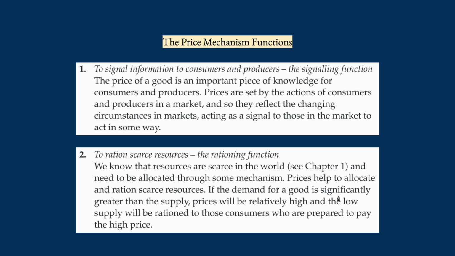If the demand for a good is significantly greater than the supply, meaning that there's excess demand or a shortage, prices will be relatively high and the low supply will be rationed to those consumers who are prepared to pay the high price. So this is essentially showing the idea that as the quantity demanded increases way beyond the quantity supplied, you'll see how producers essentially ration out who gets their supply by increasing the prices.